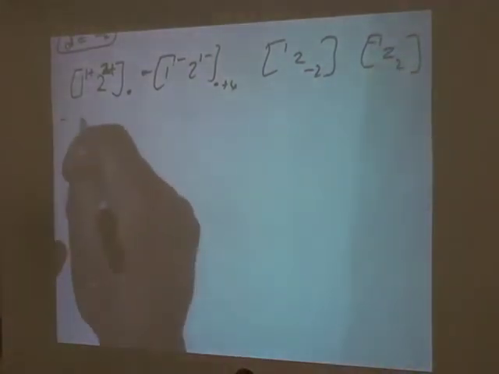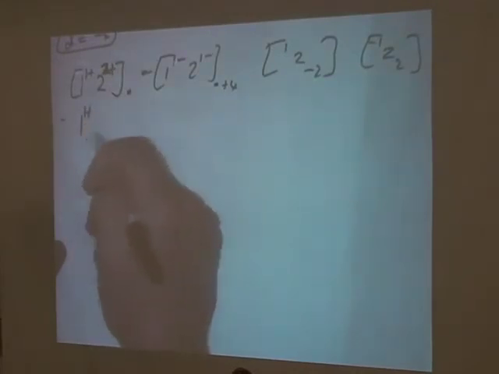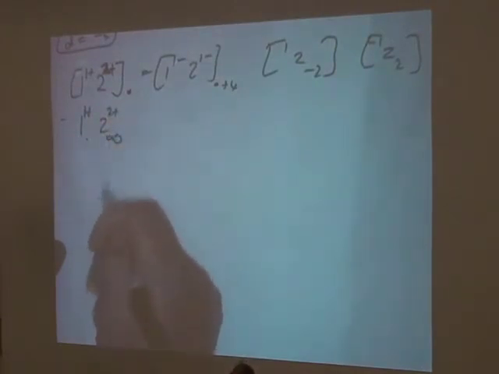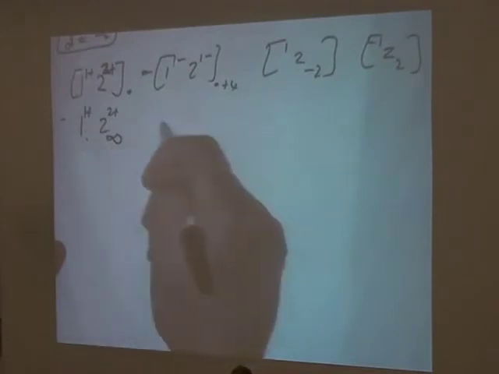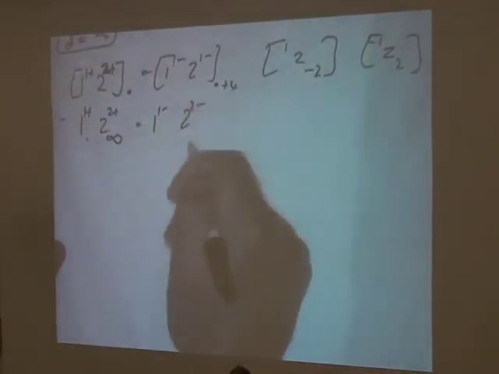Okay. Now there's the question. Suppose our 1 part is odd, and our 2 part is infinity. Well, at least one of them is odd. So this is equal to 1 to the 1 minus 2 to the 2 minus sub infinity.